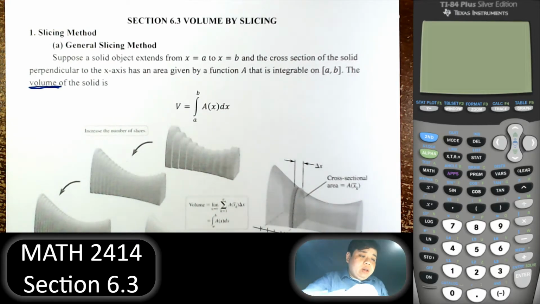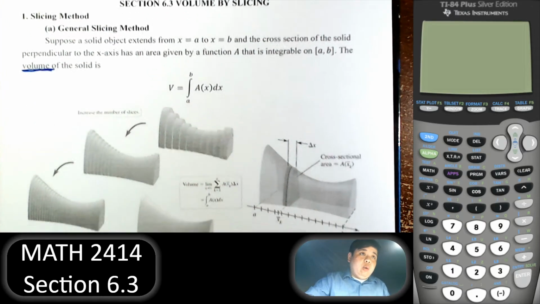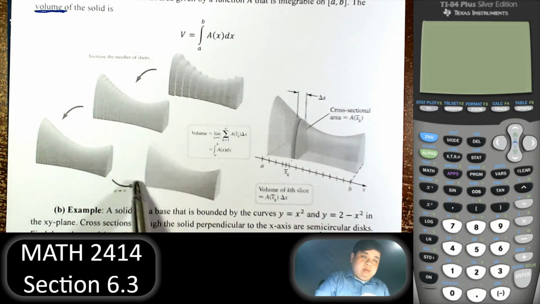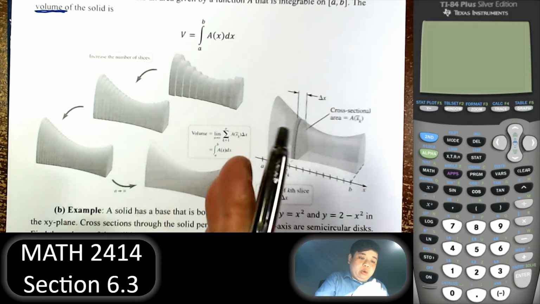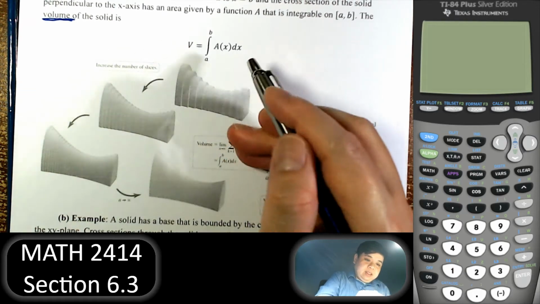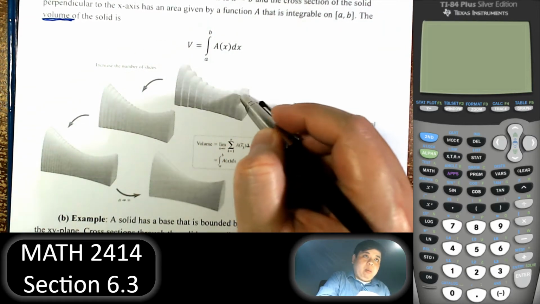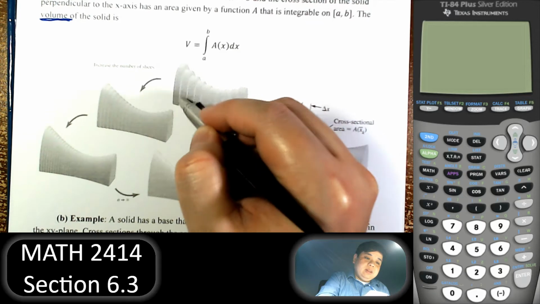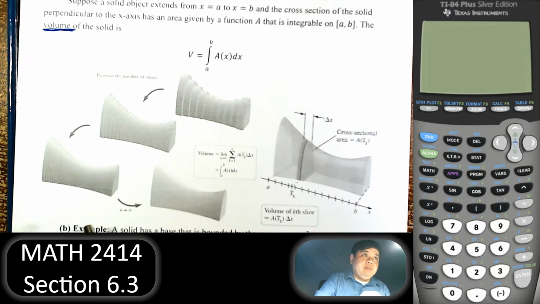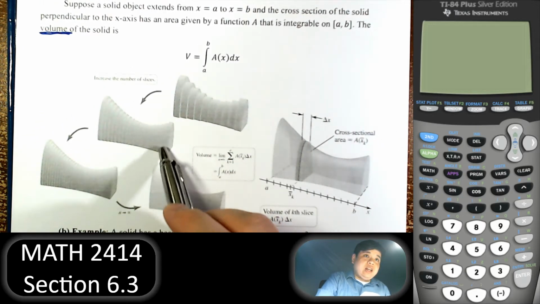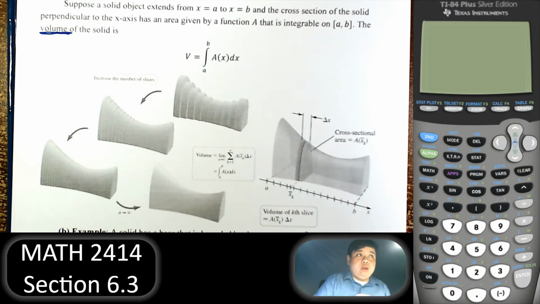What we're trying to find is the volume of a shape like this. In that case, we will cut it like sliced bread into a bunch of slices. The more slices we have, the better the approximation is.